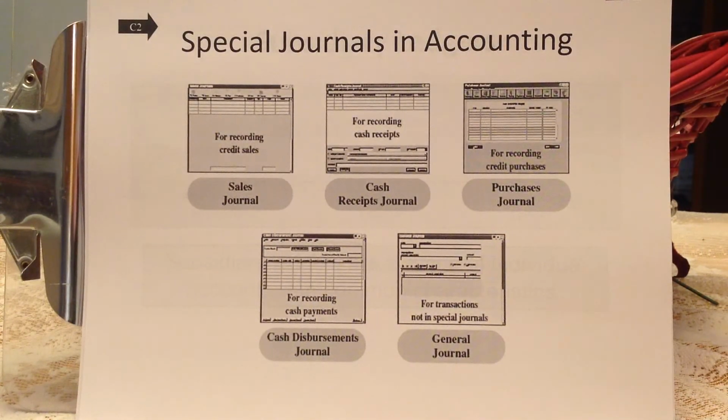Special journals in accounting. There are 5 main journals in accounting. All we have been working with so far is the general journal. Now, the sales journal is for recording credit sales, just credit sales.